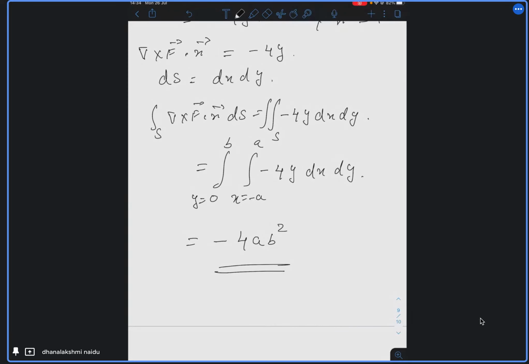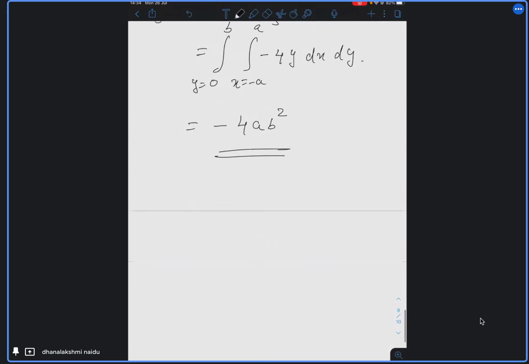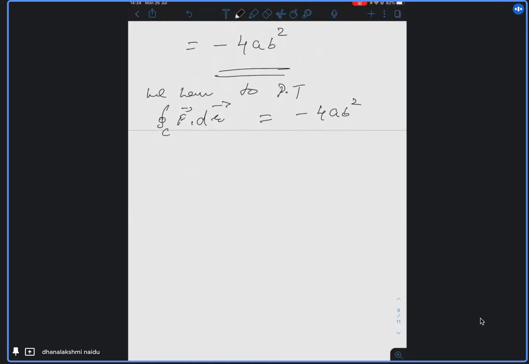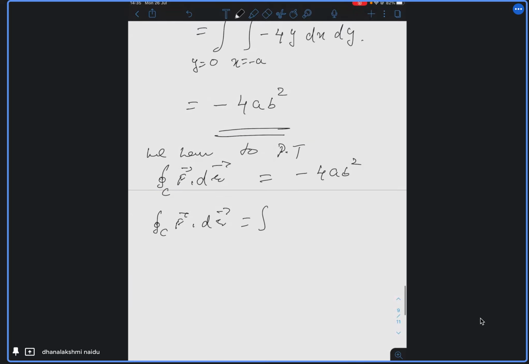So this we have to prove by solving the LHS part also of that Stokes theorem, which is now we have to prove that line integral f bar dot dr bar value is also minus 4ab square. But as you can see here, this line integral f bar dot dr bar is sum of all these curves.